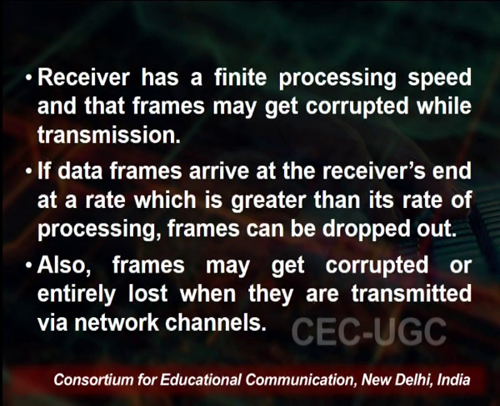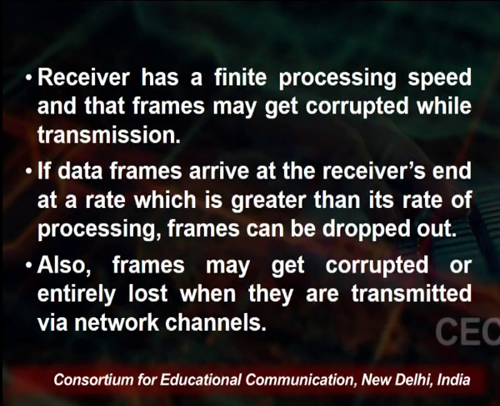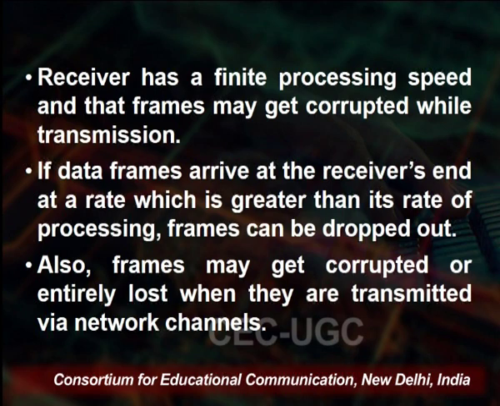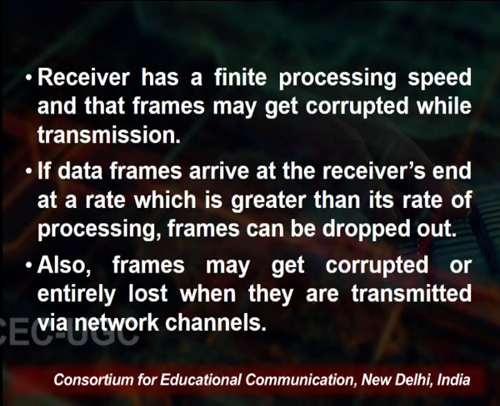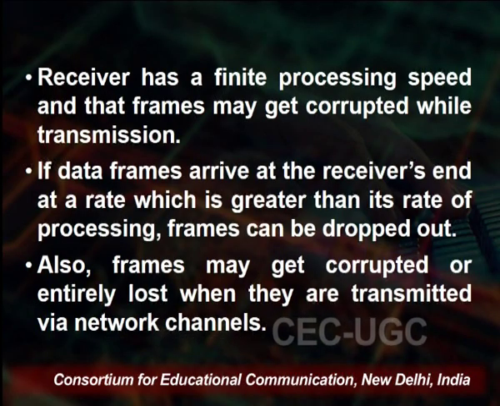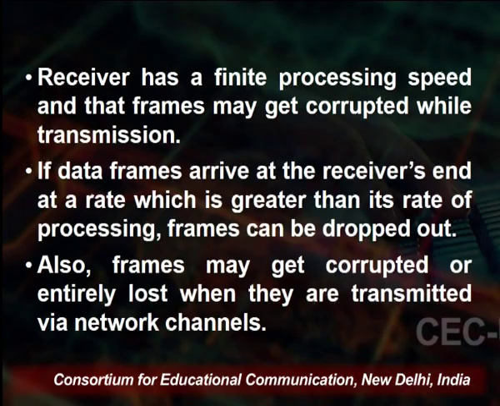Your receiver is not able to process them as your sender is sending them. Even if the data frames arrive at the receiver at a rate which is greater than the rate of its processing, frames can be dropped. So you can drop the frames, you can lose the frames, or frames may get corrupted, or they could be entirely lost when they are transmitted via network channels.